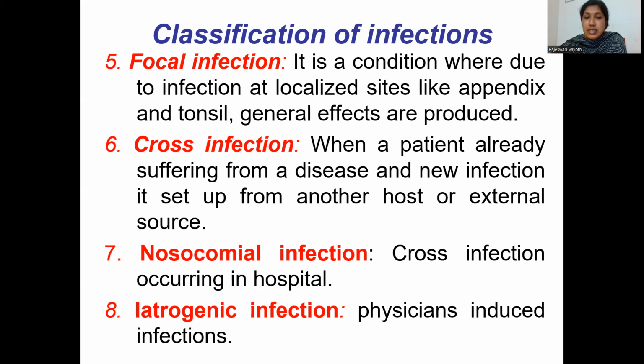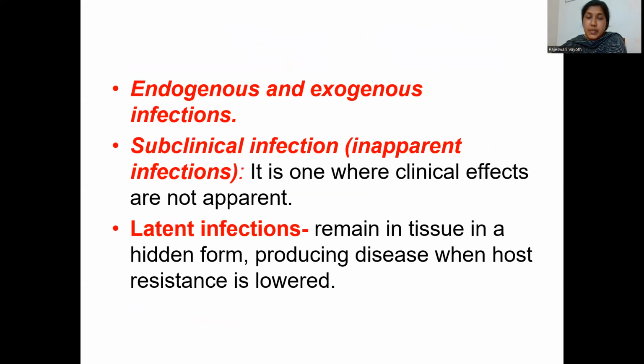Then endogenous and exogenous infections. Endogenous infection is caused by an infectious agent that is already present in the body but produces no symptoms, that is, it is asymptomatic. Exogenous infections are the infections coming from outside the body of the host.